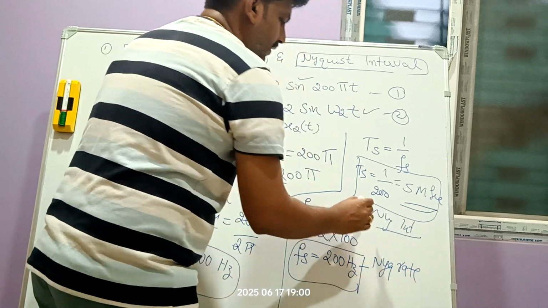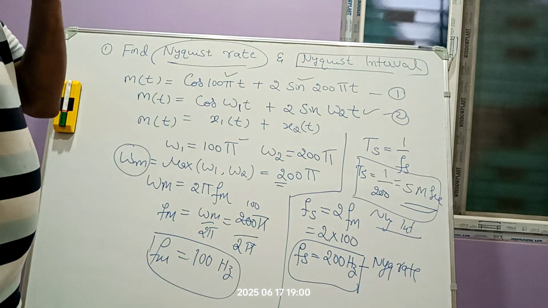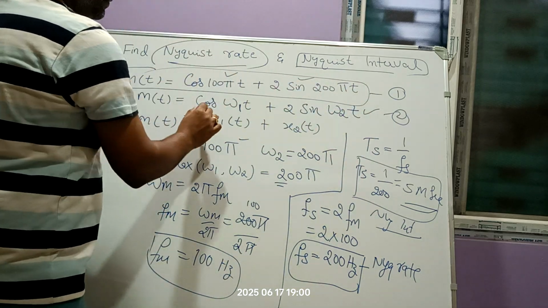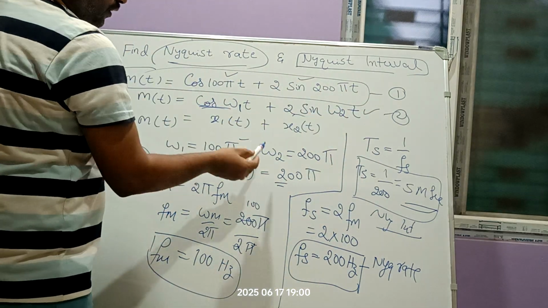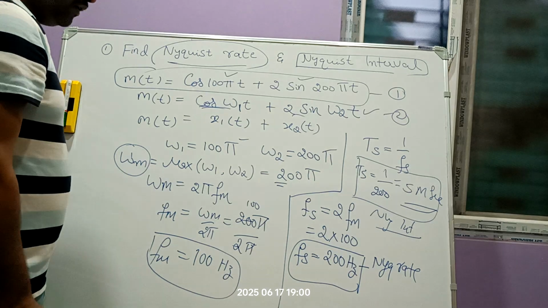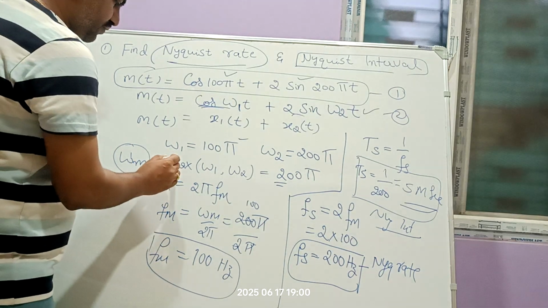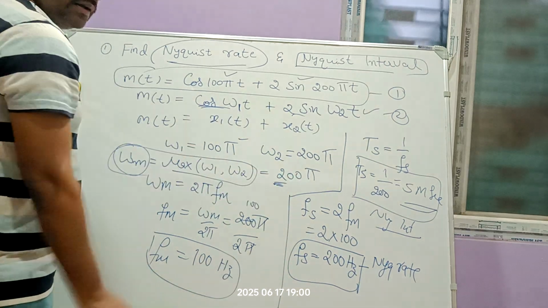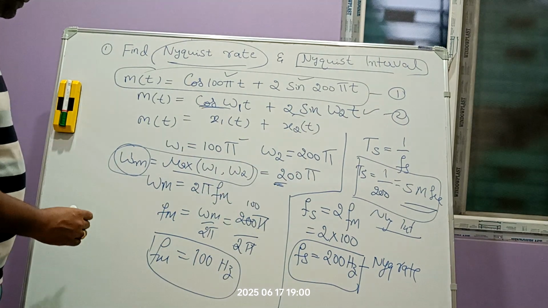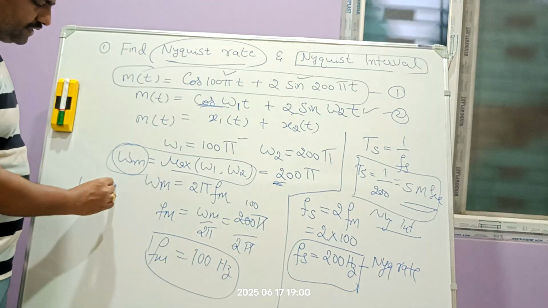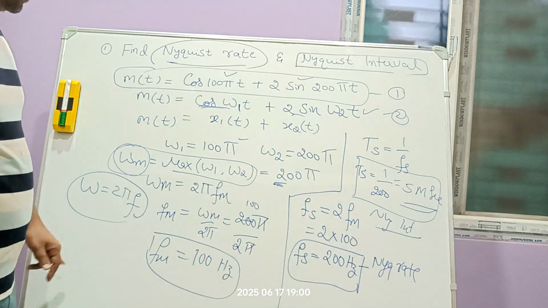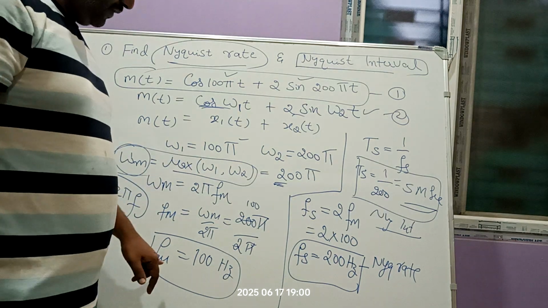right? So whatever equation they have given, write it in the standard format like this. Then however many omega values you got, you should take the maximum out of them. Whatever omega m is, we know the relationship between omega and f, that is omega is equal to 2 pi f. Take this help and find out the message frequency first.